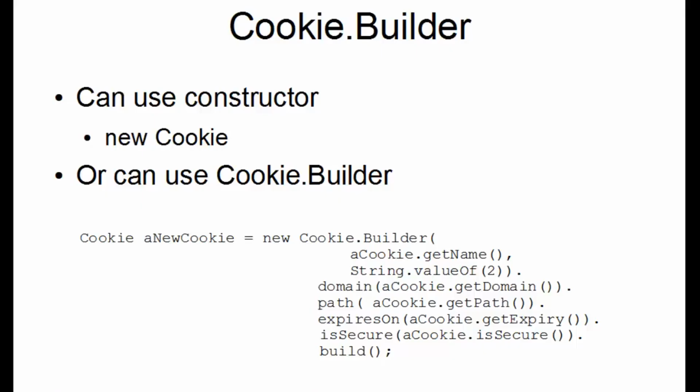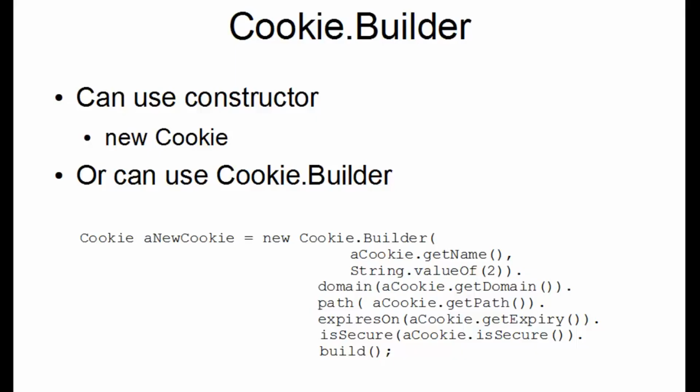The cookie builder constructor takes the name and the value, because essentially that's the minimum thing for a cookie, name value pair. Then, once you have the builder, you can add a domain, add a path, add expires on, add isSecure. And then when you're ready, call .build to create a cookie from that builder.